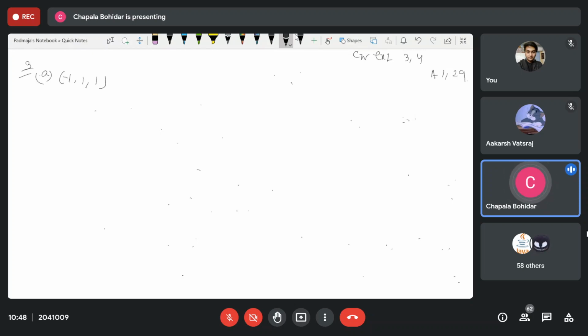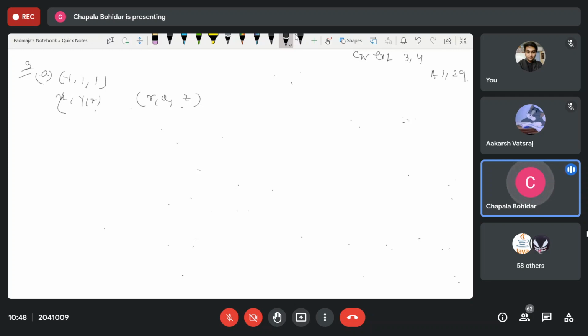Here it is given to you in rectangular coordinates, convert it to cylindrical coordinates. Are you able to do it or not? It is your x, y, z, and you have to convert it to r, theta, z.